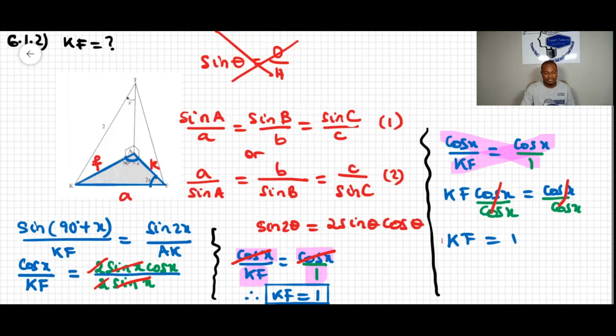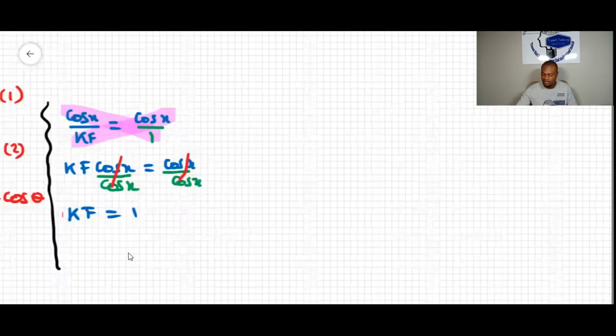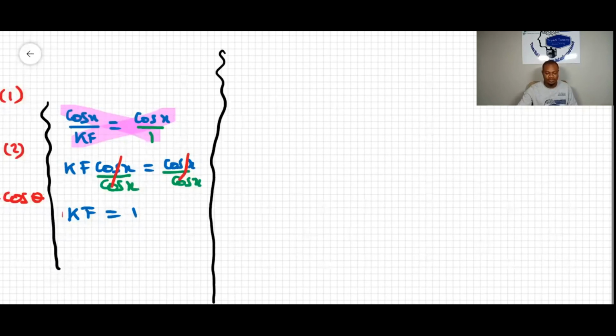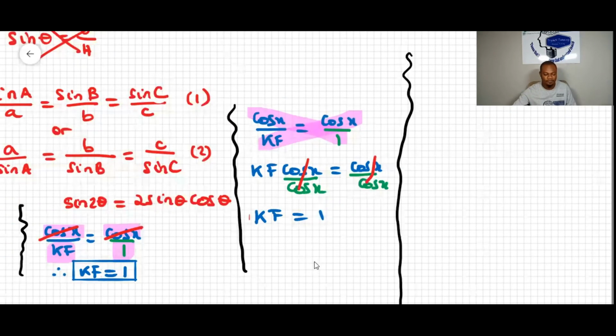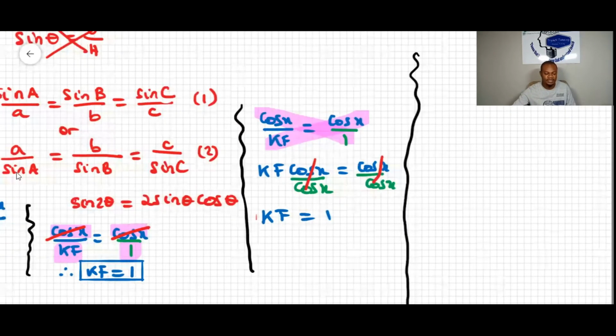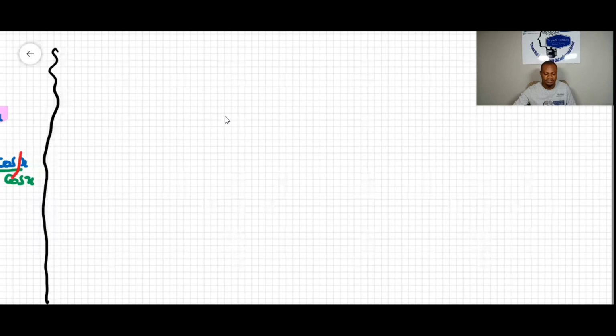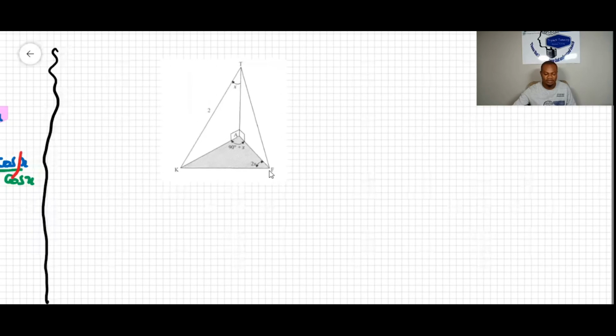We can also use expression number 2. The formula number 2 here is going to lead us to the same answer. You can check it out. Let's say I use this formula here, A over sin A equal to B over sin B equal to C over sin C. So now I'm going to paste the same shape here.